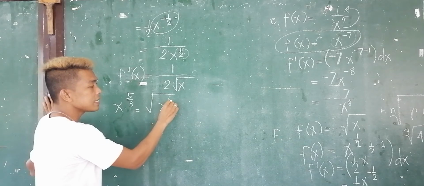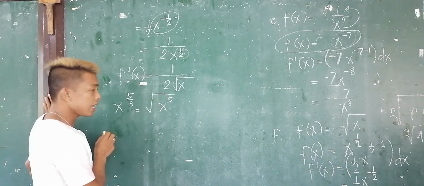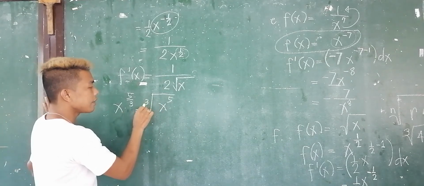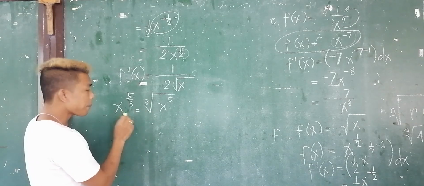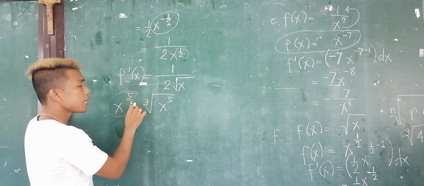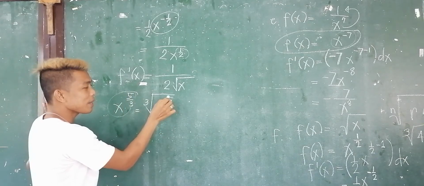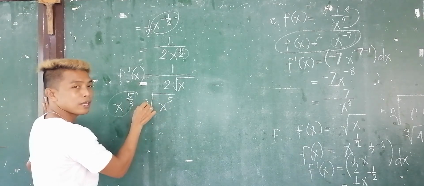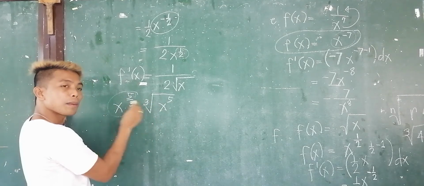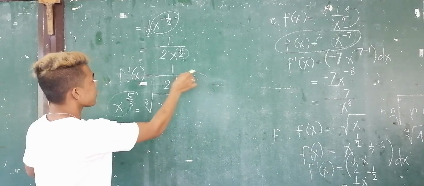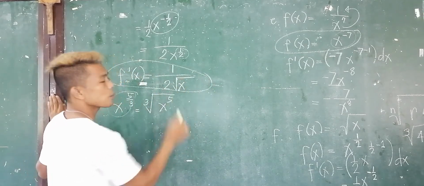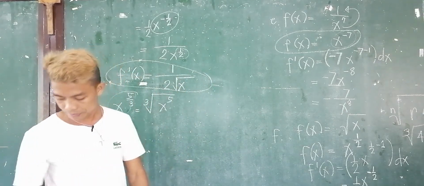So, dito natin ilalagay si 5. Okay? Saan ilalagay si 3? Dito sa gilid. Ganyan po yan ginagawa. Kapag ang binigay x raised to 5 over 3, may cube root dito, yan yung sagot mo, pabaliktad. Okay? Pero yung final answer natin doon sa letter F will be this one. Yan na po. Okay?